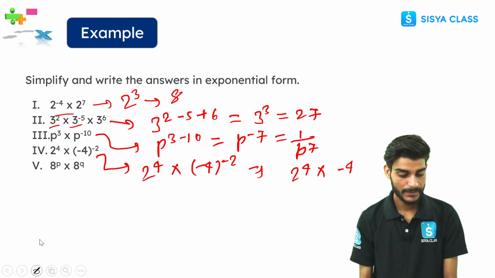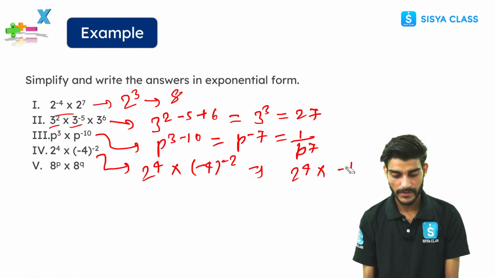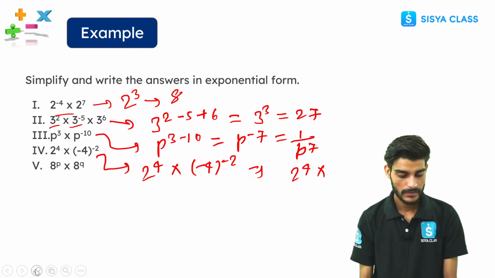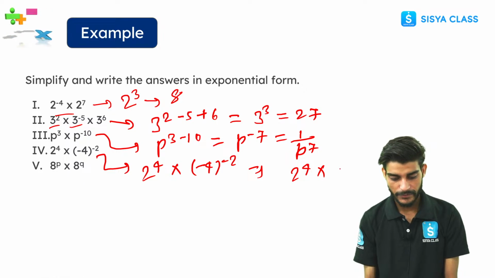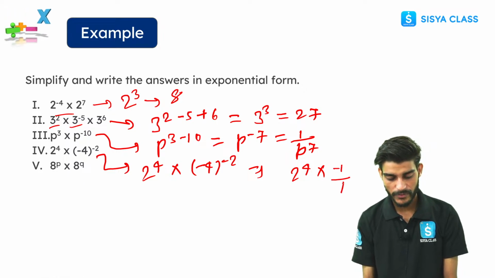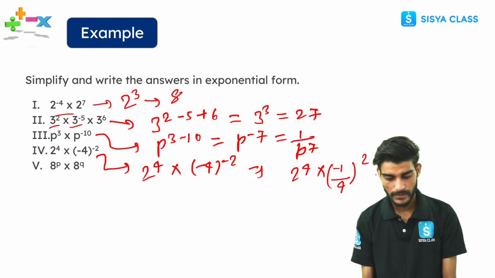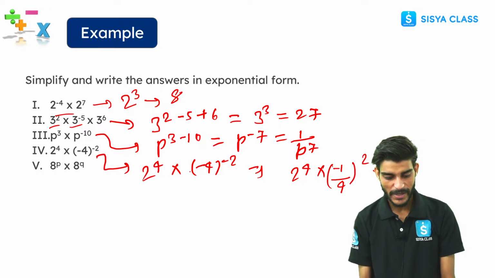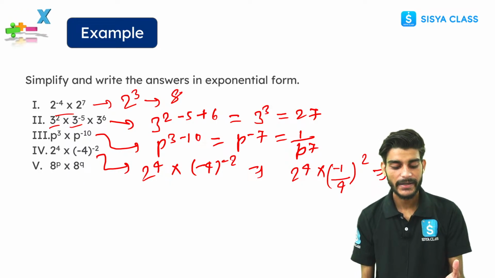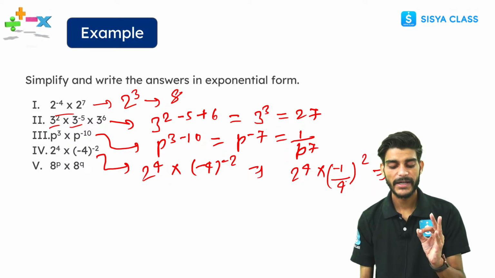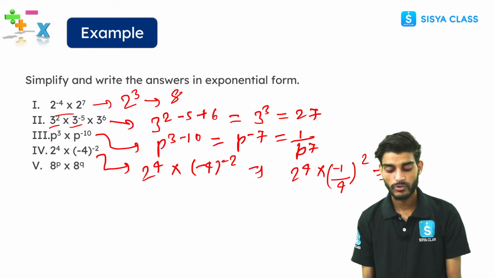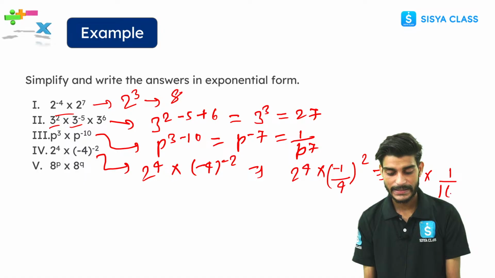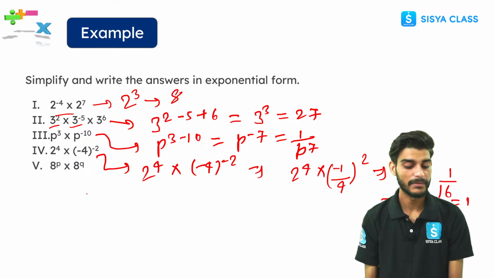So if I take the reciprocal of this number, it will be 1 upon minus 1 upon 4 raised to the power square. Because minus was already present, no? So minus 4 raised to the power minus 2 will be basically minus 1 upon 4 raised to the power square. So 2 power 4 into 1 upon 16. So 2 power 4 is 16 only. 1 upon 16. So 16 will get cancelled and it will be 1.